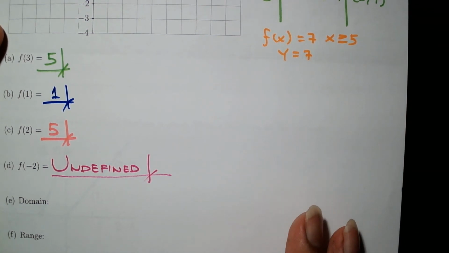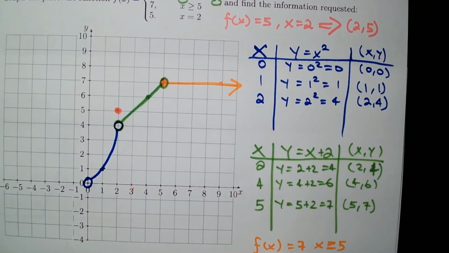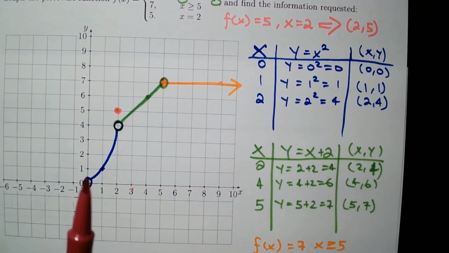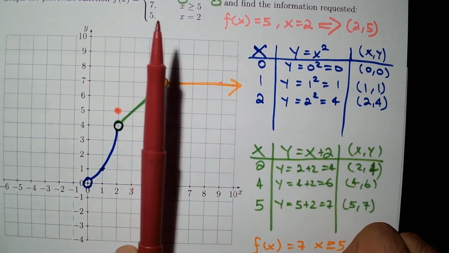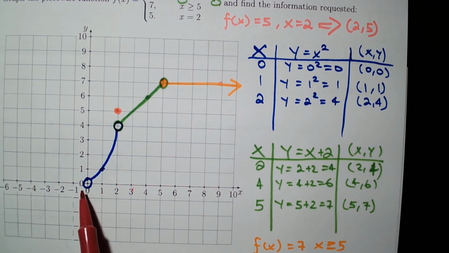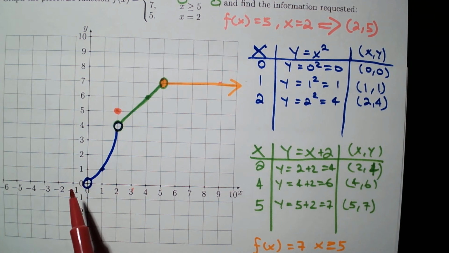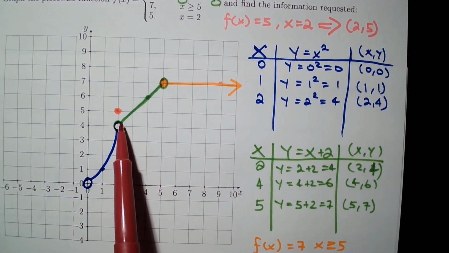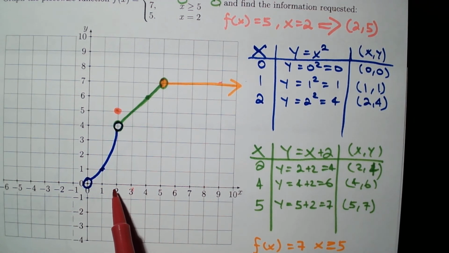What about the domain? Well, let's see. If we look at the domain, we scan the graph from left to right, and the graph starts at 0, yes, but without including the 0 because we have an open bubble. Even though we have this open bubble, the graph is discontinuous at x equals 2.